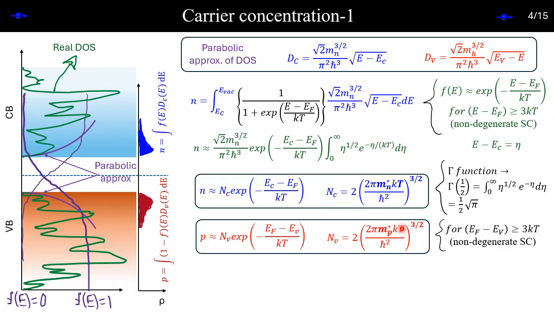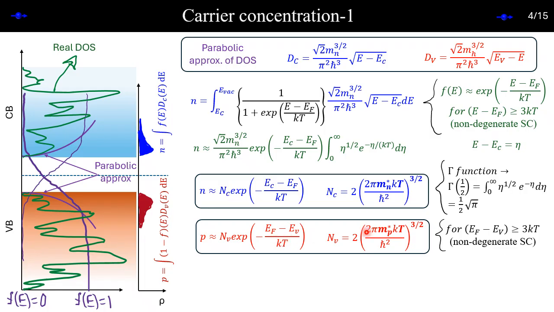See, these are identical. The important thing you need to remember here is that there is a T dependence. NC and NV depend on T; it is T raised to the power 3/2. And is this consistent with what we discussed?